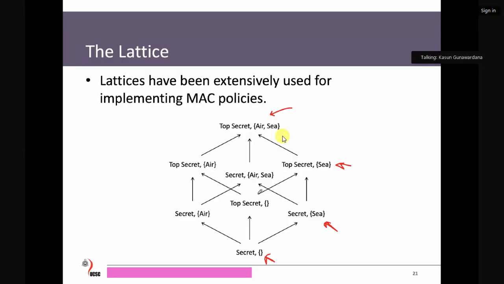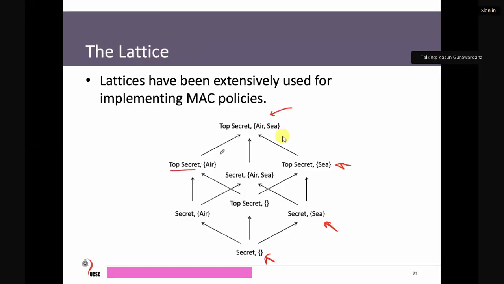So if you look at this diagram, there are two levels of sensitivity being referred to, right? The upper layer of this lattice is about top secret data.